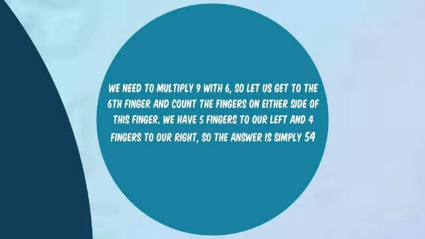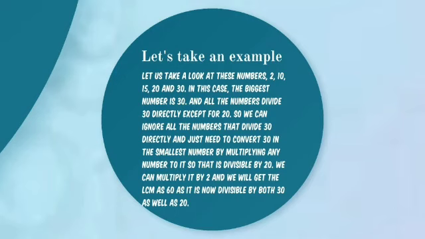Now you might be thinking how to find the LCM if the biggest number does not divide all the numbers, right? But don't worry, I'll explain it to you via another example. Let us take a look at these numbers 2, 10, 15, 20 and 30. In this case, the biggest number is 30 and all the numbers divide 30 directly except for 20.